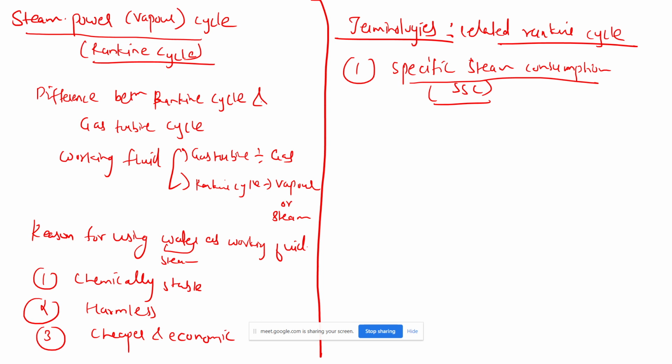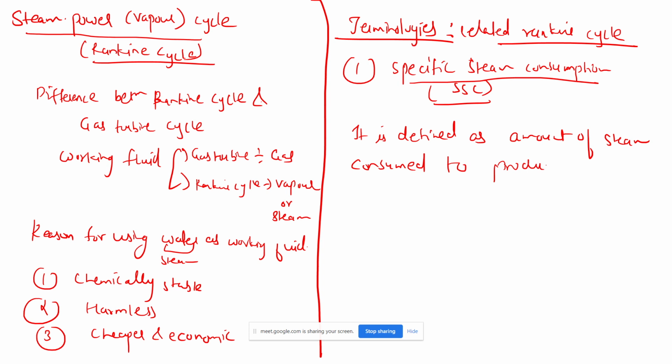So what is the specific steam consumption? It is basically defined as the amount of steam which is consumed to produce 1 kilowatt of power output.